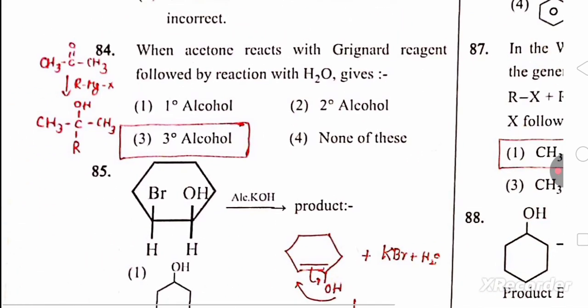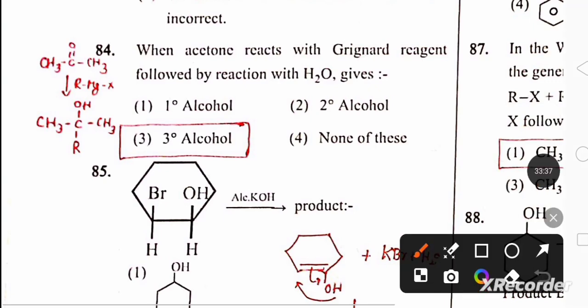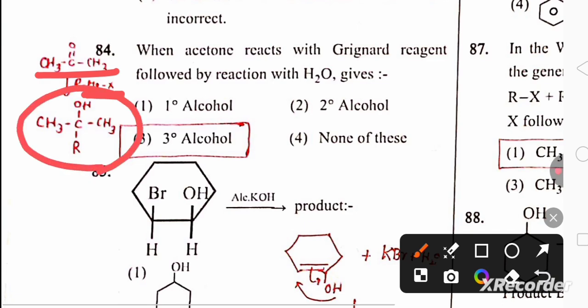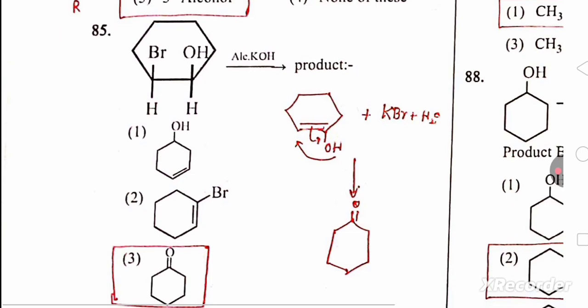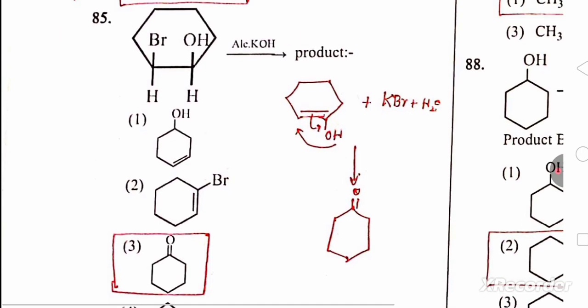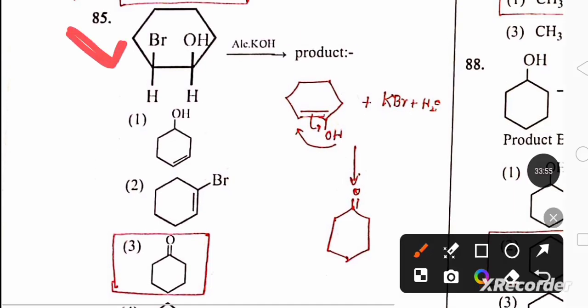Next question, when acetone reacts with Grignard reagent followed by hydrolysis, it gives tertiary alcohol. In another question, the 85th question, this compound on reacting with alcoholic KOH undergoes dehydrohalogenation to form KBr and water.